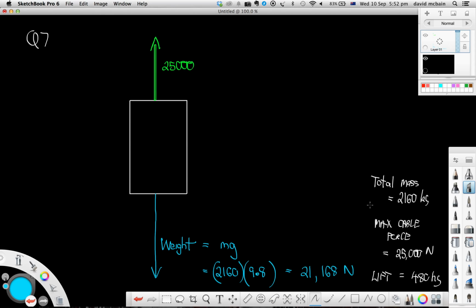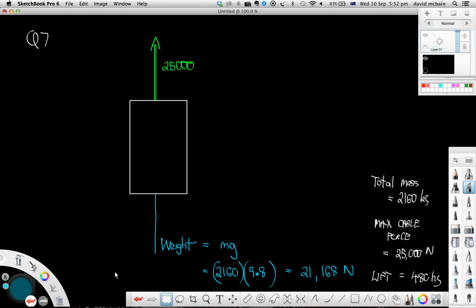So, if we've got a pulling force on the cable of 25,000 and a weight force of 21,168, as a matter of fact, this probably should be a little bit shorter than that, shouldn't it?